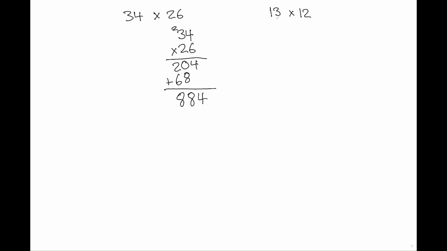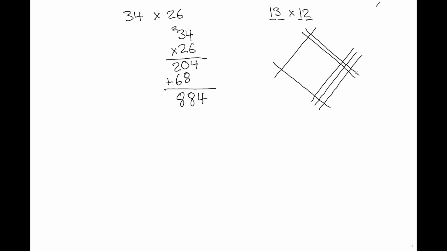So essentially, we need to create lines of 1, 3, 1, and 2. So in order to do that, we will do 1 here, and then we need to do 3 here. And this will correspond to the 13. For the 12, we will do 1 here and 2 here, corresponding to the 12.